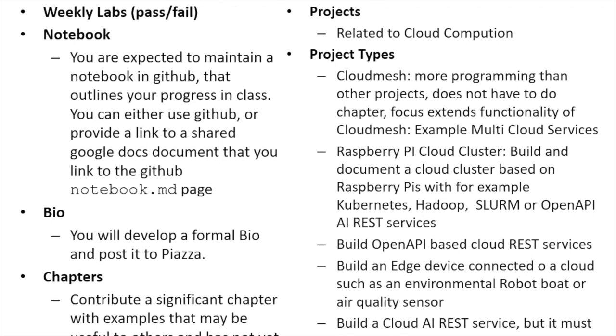Since one of our focus areas this year is AI services, we would like you to develop cloud AI REST services, expose them through Open API, and contrast them to offerings provided by other clouds. Here we would like to see if it is possible to create a multi-cloud AI REST service.